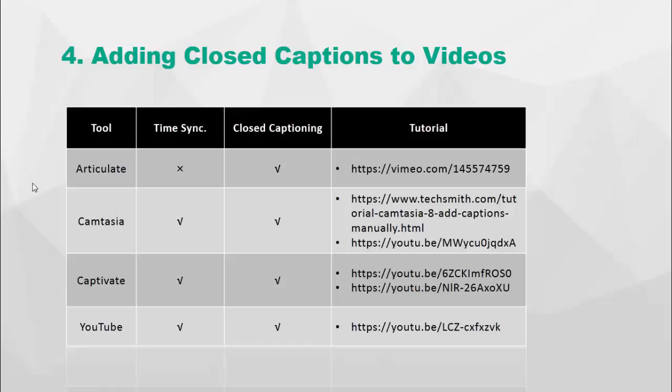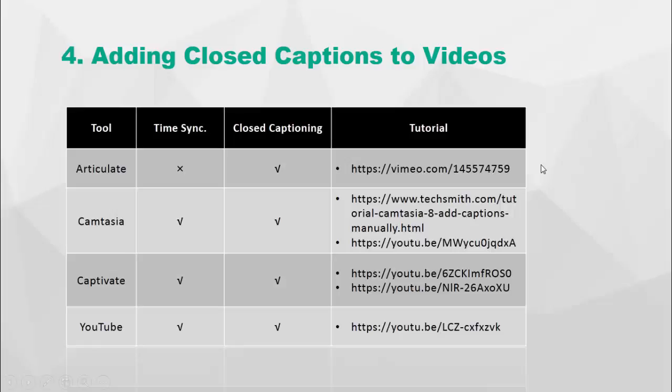And because it's very easy to add a caption in Camtasia Studio, the solution I like is to add a caption in Camtasia Studio, and it allows you to export the caption as an SRT format file, and YouTube supports SRT format files, so you can add a caption in Camtasia Studio and import the SRT file in YouTube.